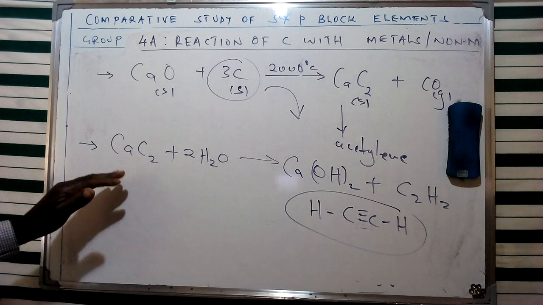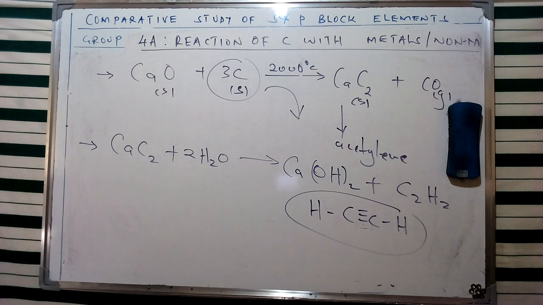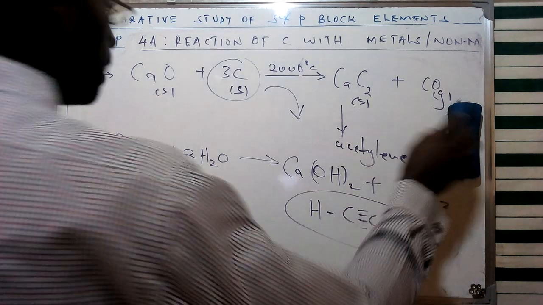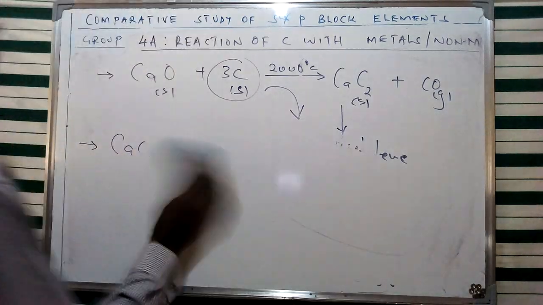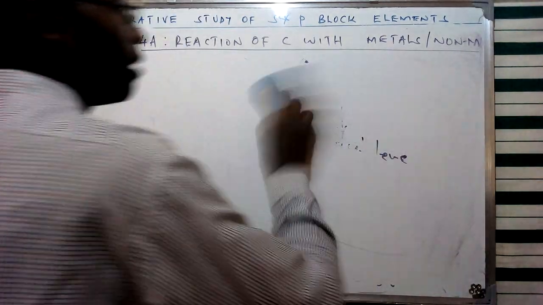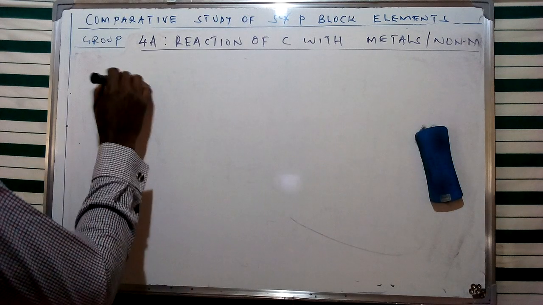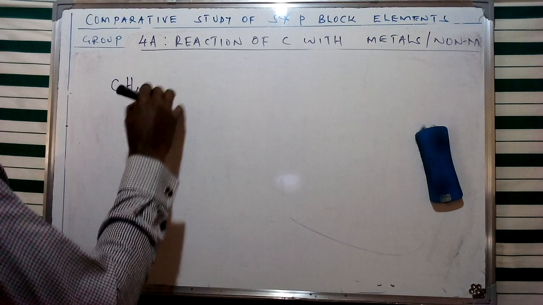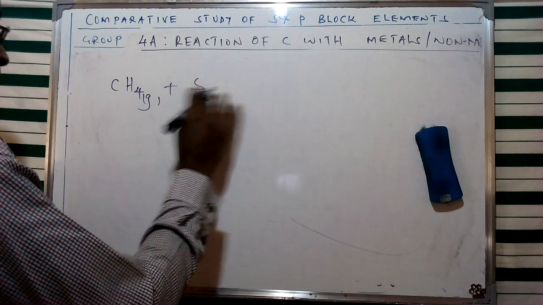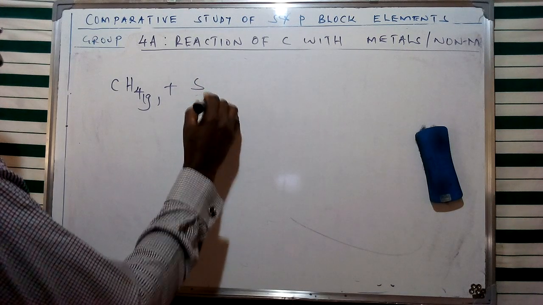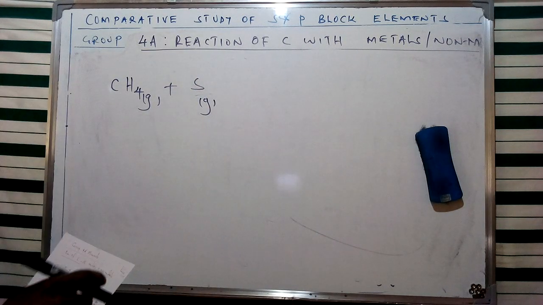In this particular case as well, we can look at the reaction between a compound of carbon with sulfur, and see what are some of the products which are going to be formed. We shall have methane gas reacting with sulfur, in gaseous state.